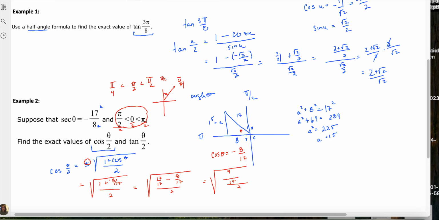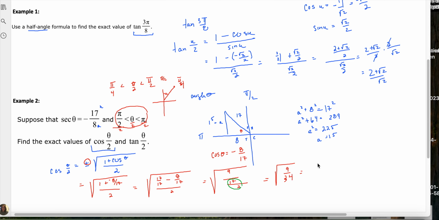And then what I was starting to say is this is a shortcut that I think is good for you to start to think about. Technically, we would take 9 over 17 and multiply by the reciprocal of 2 over 1. So really what happens is you just end up multiplying these two numbers together. So this becomes the square root of 9 over 17 times 2, which is 34.